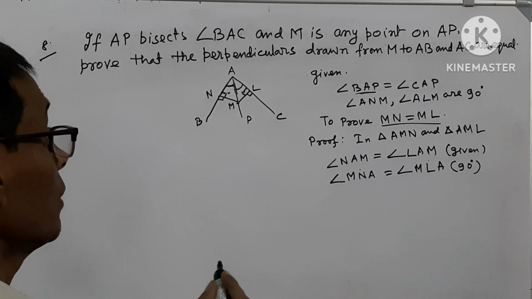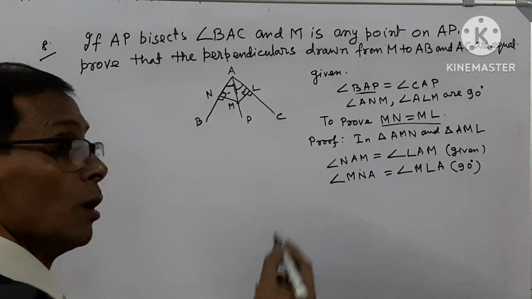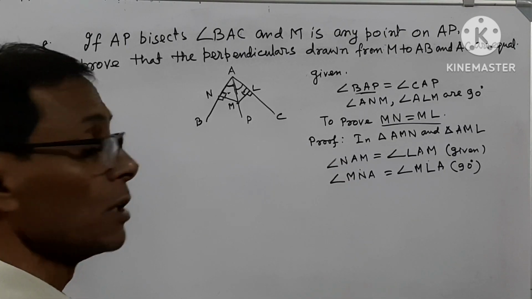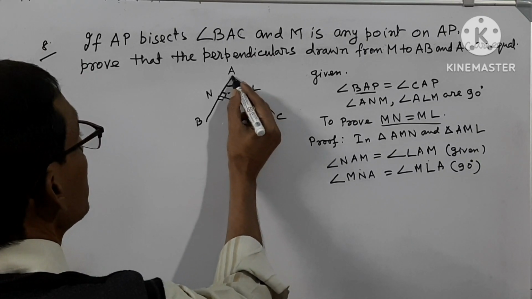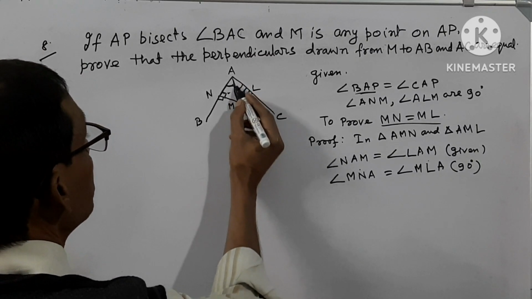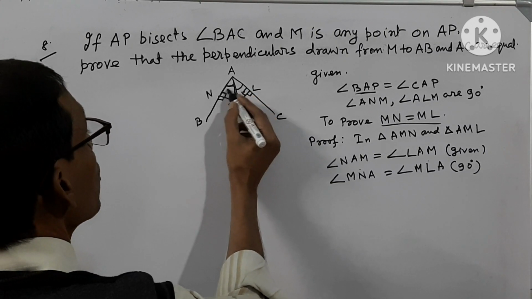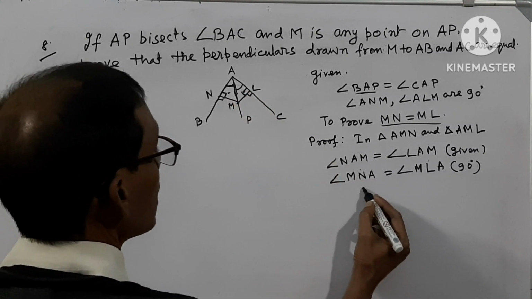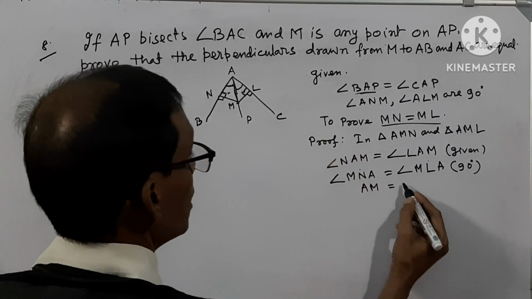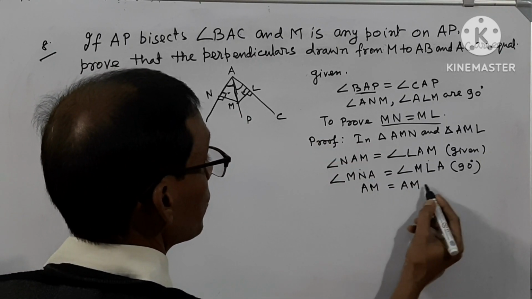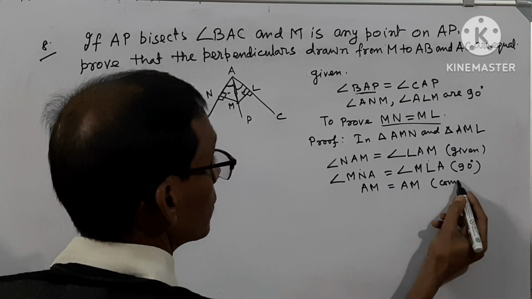One more thing is required. Only with two parts you cannot prove the congruency. And you are seeing AM is common in both the triangles. So AM equal to AM, that is common.